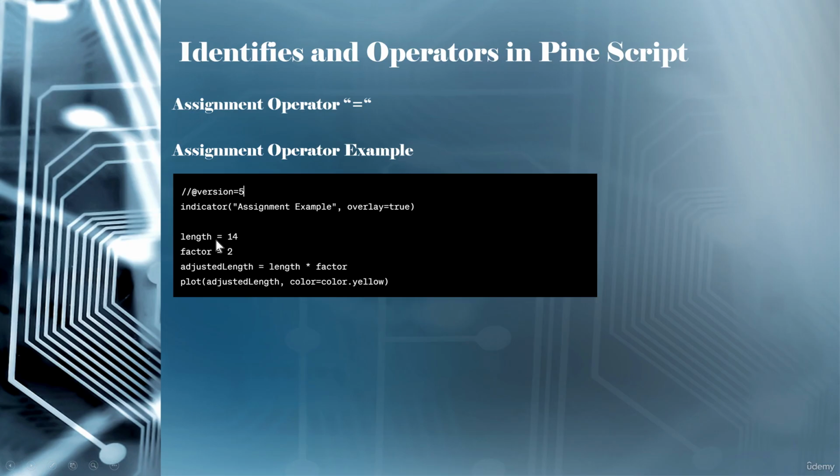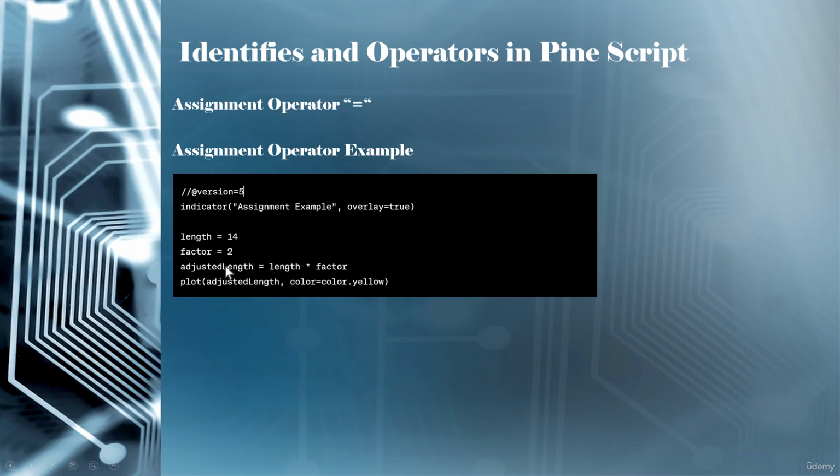When you declare and initialize the variable, in this example length equal to 14, this variable is declared and initialized with the value of 14. Next, variable factor is declared as integer and initialized with the value of 2.